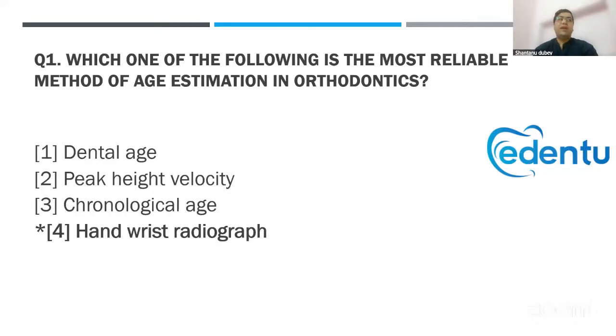Maybe there is a cyst or something, and that is why the molar has not erupted, and you suddenly decide, according to dental age, oh, okay, the molar is not erupted. The patient is, say, 6 or 7 years old, chronological age says 6, but maybe the molar is missing. You just look into the mouth, see that the molar has not erupted as yet, and decide upon that. Well, would that be right? The answer is no. So we do not rely upon dental age much.